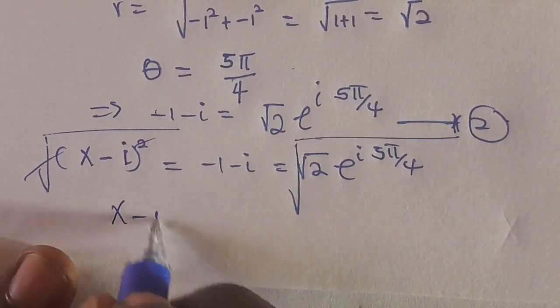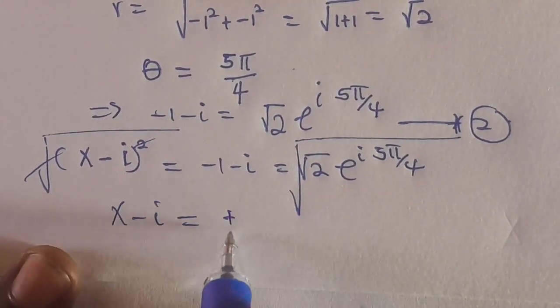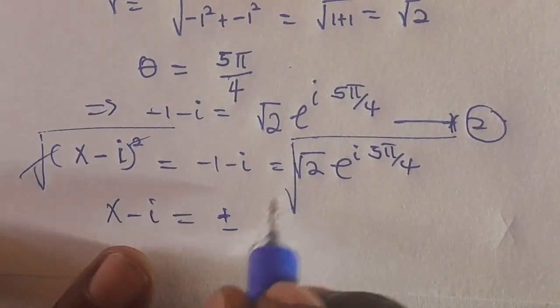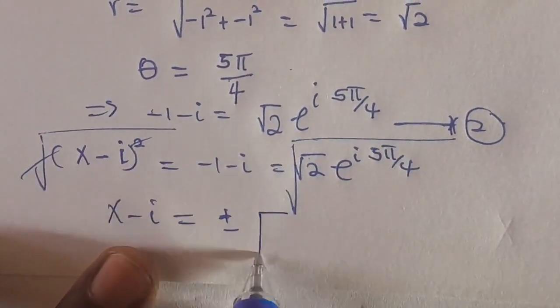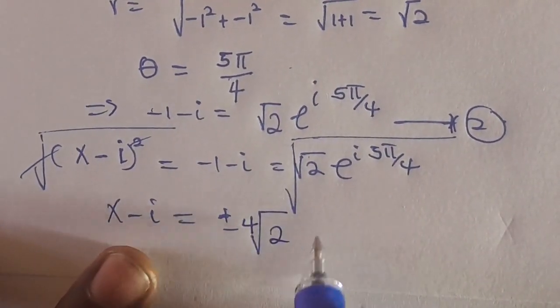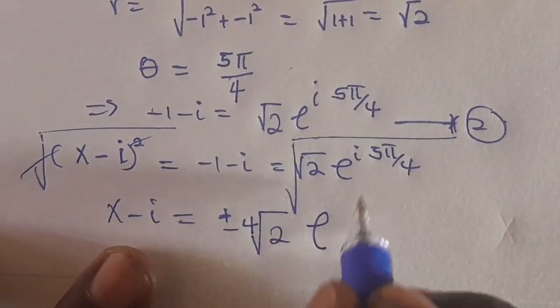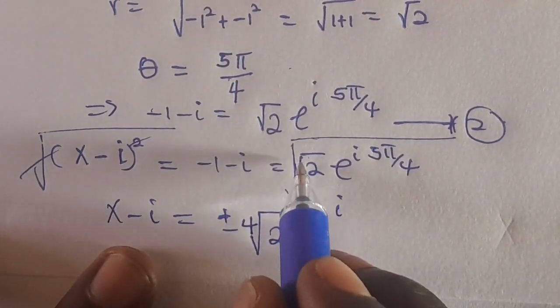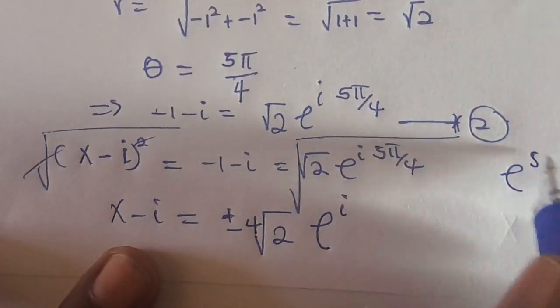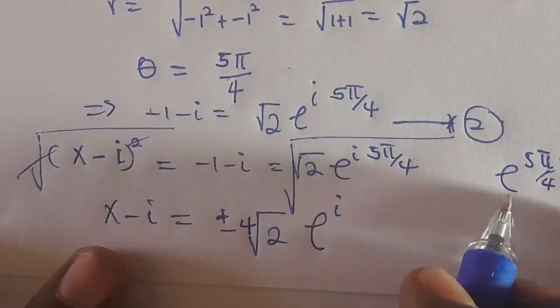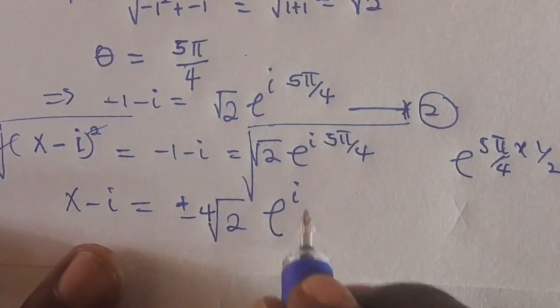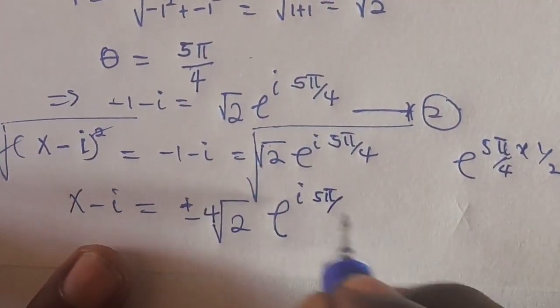You have x minus i equals positive or negative the fourth root of 2, then e to the power of i times half, which is e to the power of 5 pi over 4 multiplied by 1 over 2, so we have 5 pi divided by 8.